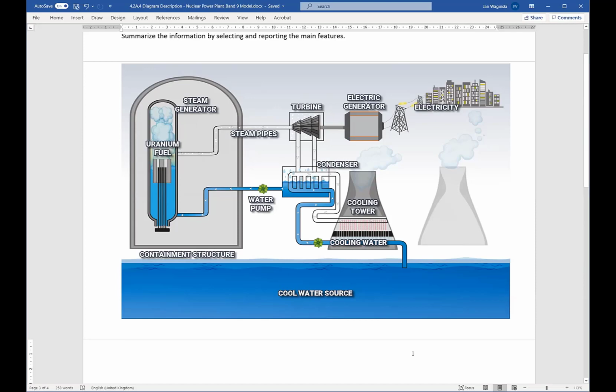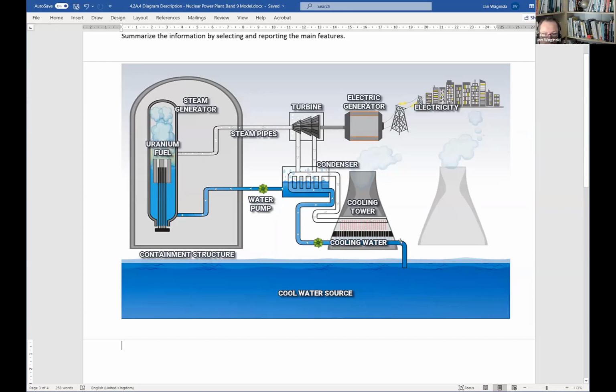Perfect. Oh, actually, I was saying that this water is used to cool down the steam generator, that uranium fuel, whatever it is used in the steam generator, and then the water is pumped back to the reservoir. Yep. Now, keep in mind that this particular diagram is a little bit different than other ones that we've seen.